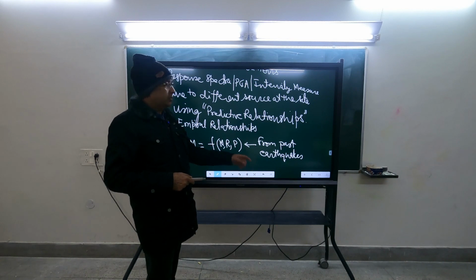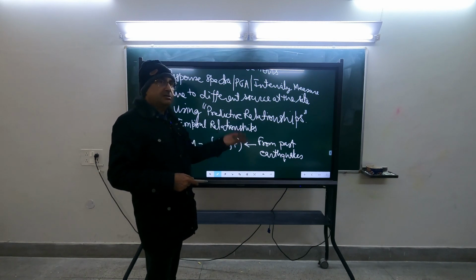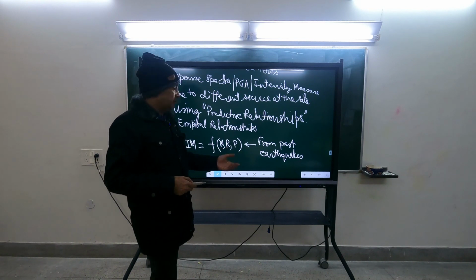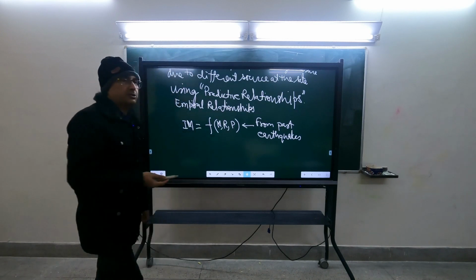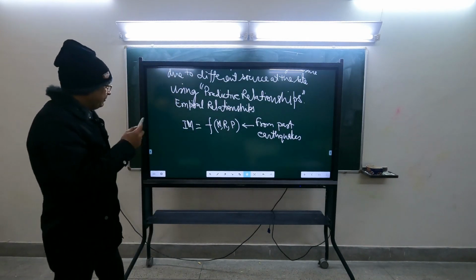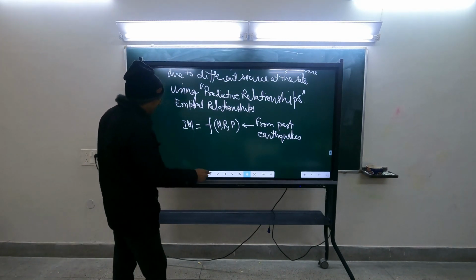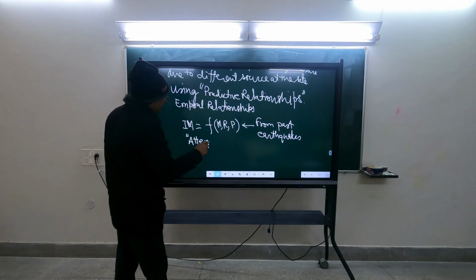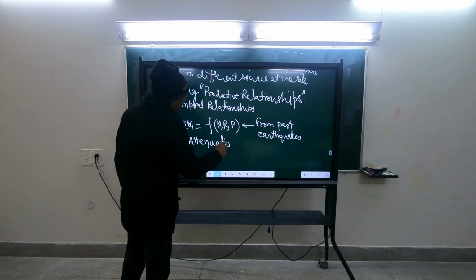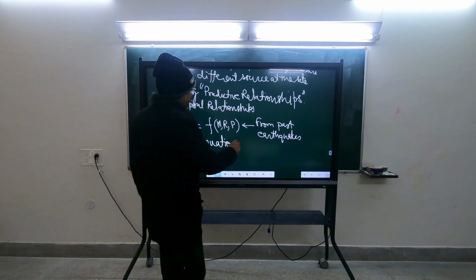So we have regional predictive relationships, obtained from regression of past earthquake data. When obtained this way, these are also called attenuation relationships. The more common name is attenuation relationships.